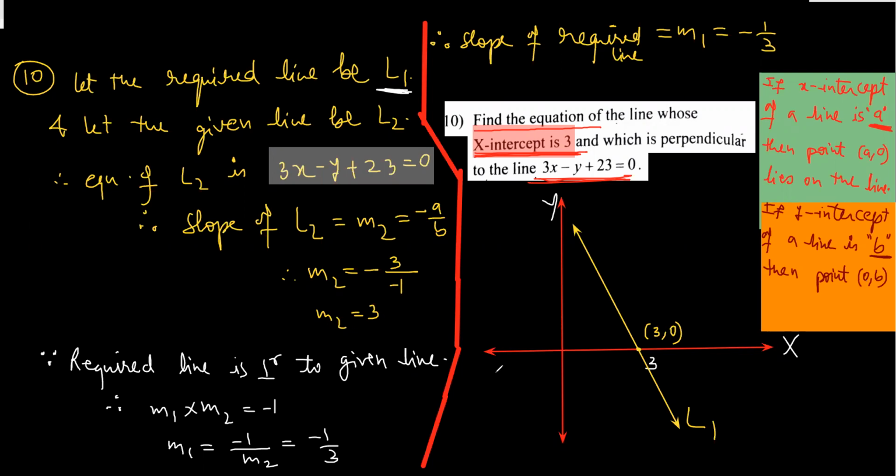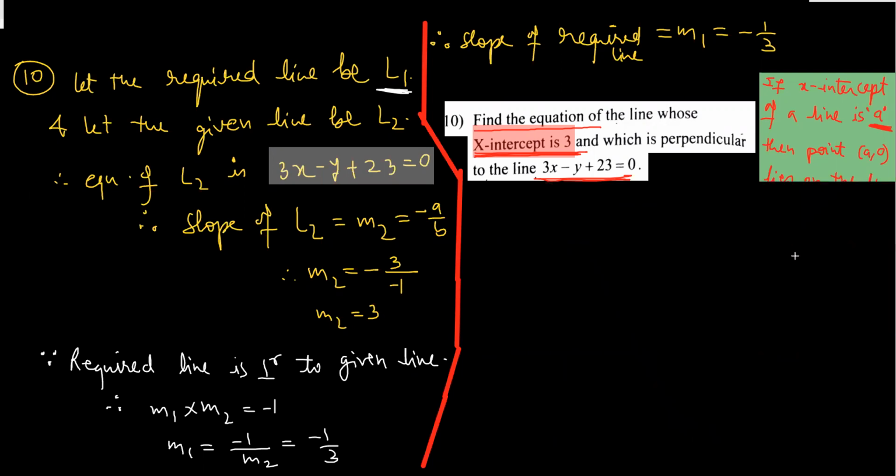Why 0, b? Why is the x coordinate 0? Because if it is the y-intercept, the point lies on the y-axis, so the x coordinate will be 0. Then the point (0, b) lies on the line. Please write these two notes somewhere in your notebook and mark them very, very important.